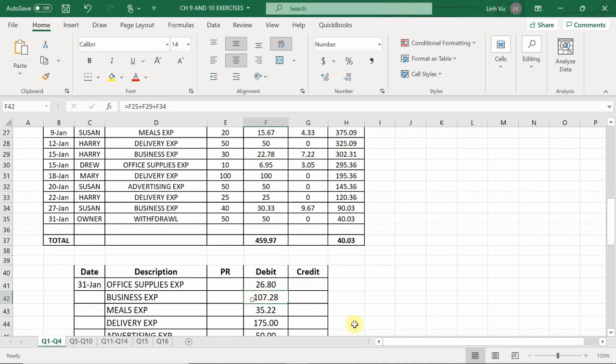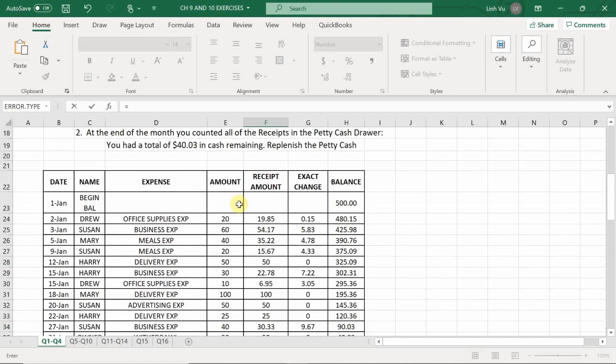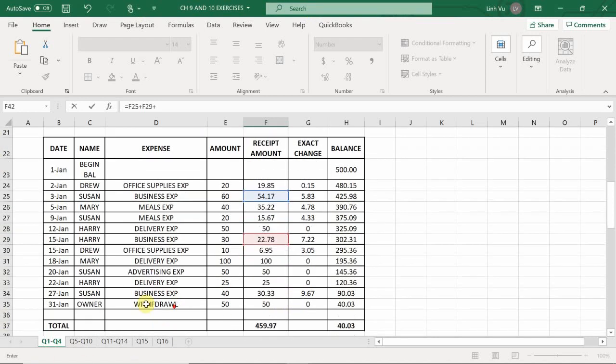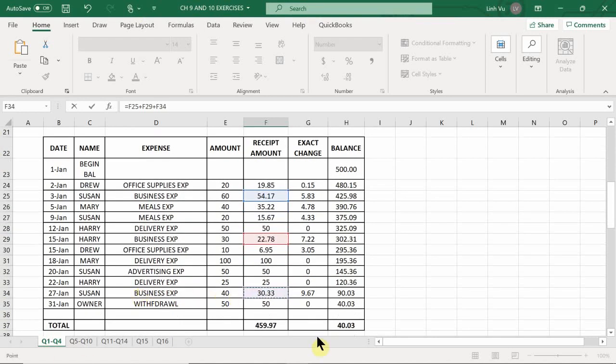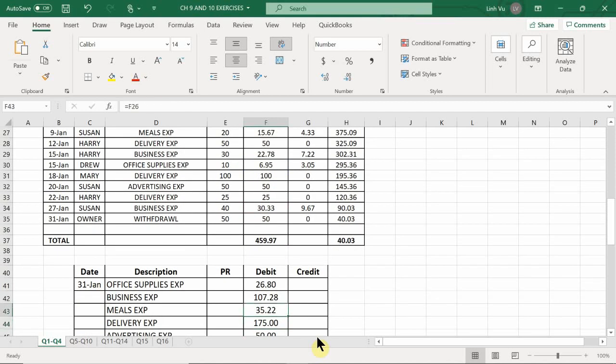Maybe I'm having a feeling it's in the business expenses. So here we have a total of 3 business expenses, right? One for the $54.17. Another one for $22.78, and then our last business expense was for $30.33. So therefore, there's 107.